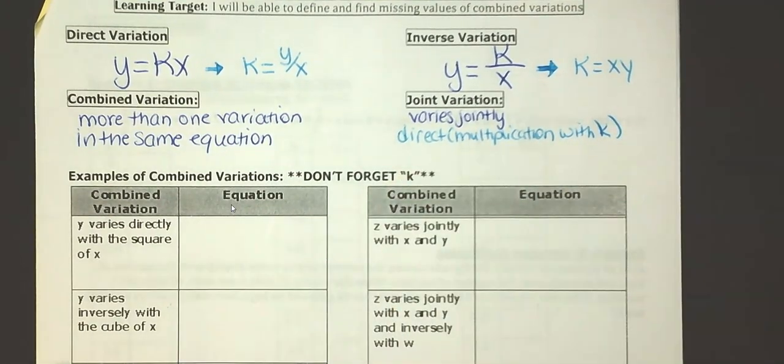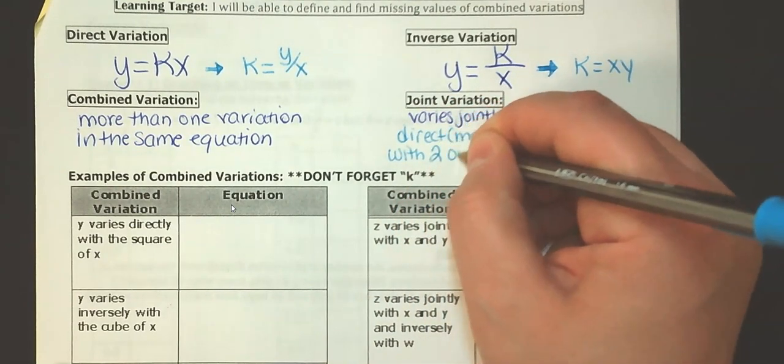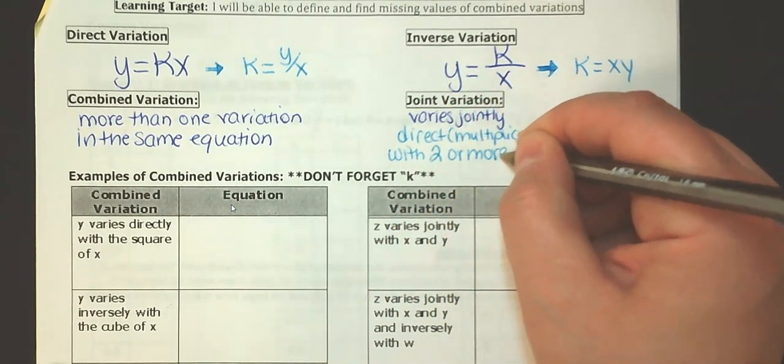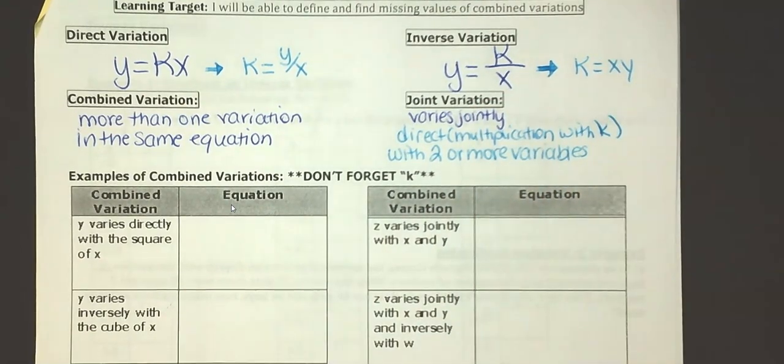All right, so it's a direct relationship, but it's with two or maybe more variables. So if you're reading a problem and it says varies jointly, think about that as direct relationship. It's just going to be like two variables multiplied together, or maybe three variables multiplied together. But jointly is just multiple variables multiplied.